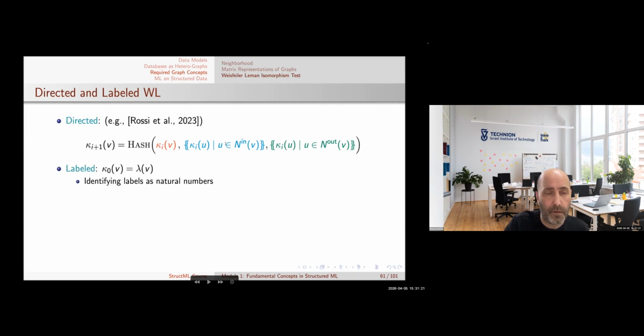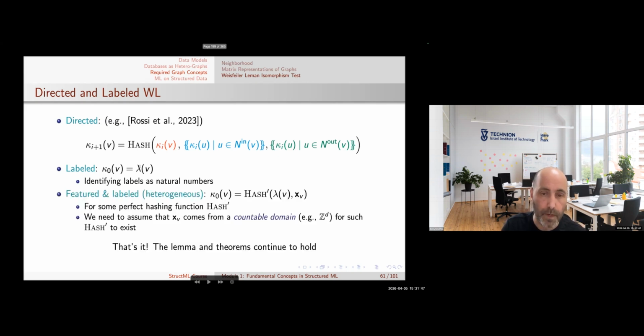Okay, what if the graph is labeled? So if it is labeled, then instead of starting the coloring in the same way, 0, we initialize the coloring so that the first color is actually the label, or some numerical representation of the label. And we continue in this way. And what if we have features?